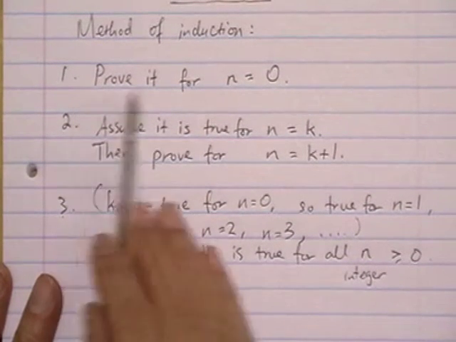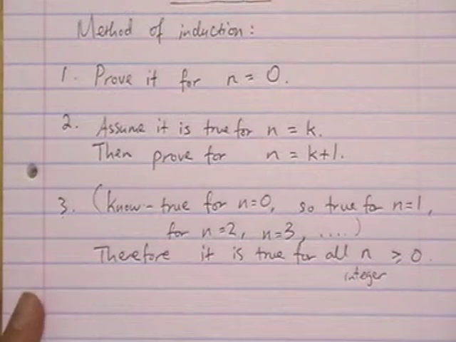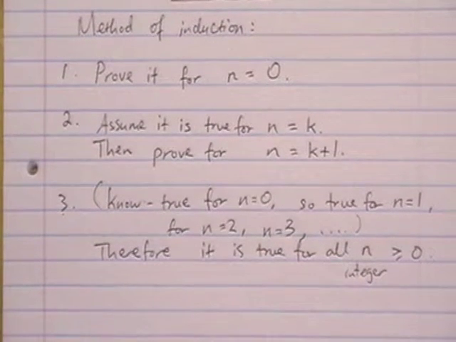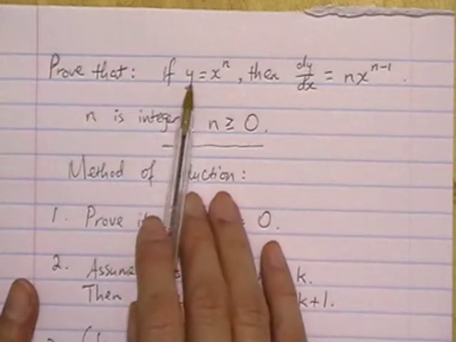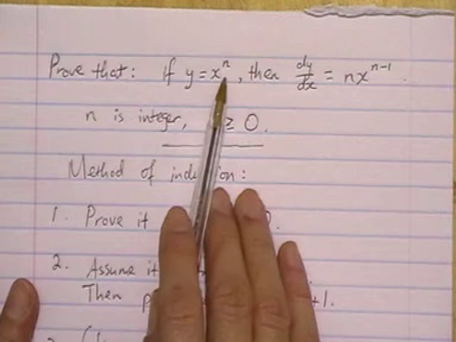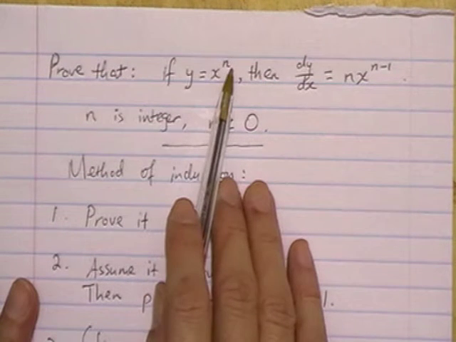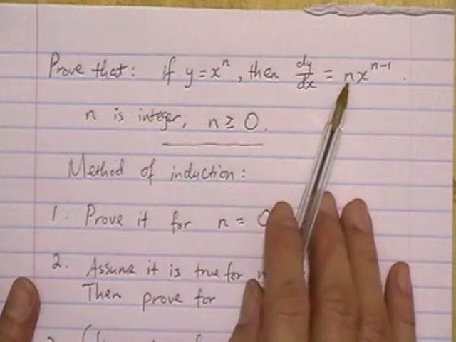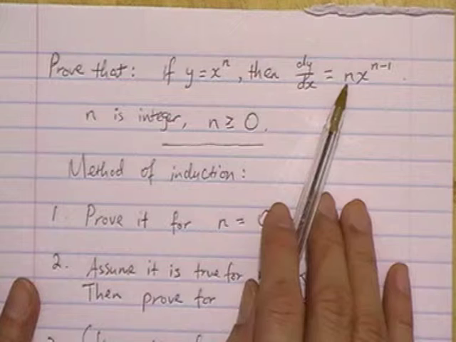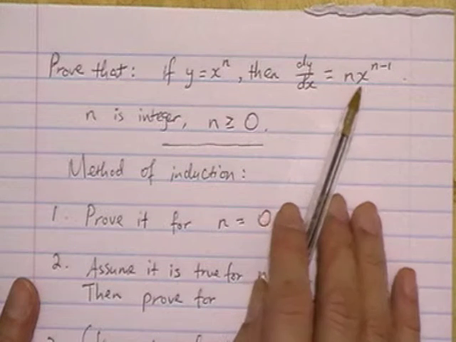Let's start with the first task. Prove it for n equals 0. If we look back at what we want to prove, when n is equal to 0, I have x to the power of 0, which is 1. And I have 0 there, which makes this 0.